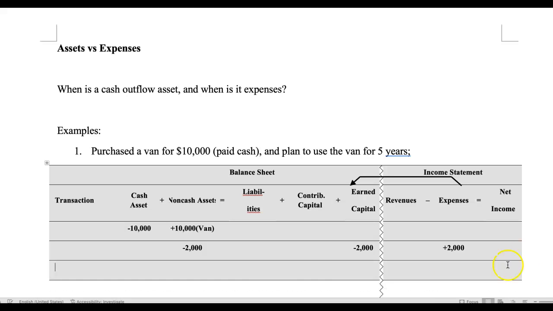If we are trying to find out the net effect of the purchase of the van and the use of the van for a year, we add the effect of these two transactions up, and you will see that at the end of the first year, the van only has $8,000 left, because after using it for a year, the value of the van dropped by $2,000, and there are only $8,000 left in the van to be used in the future.